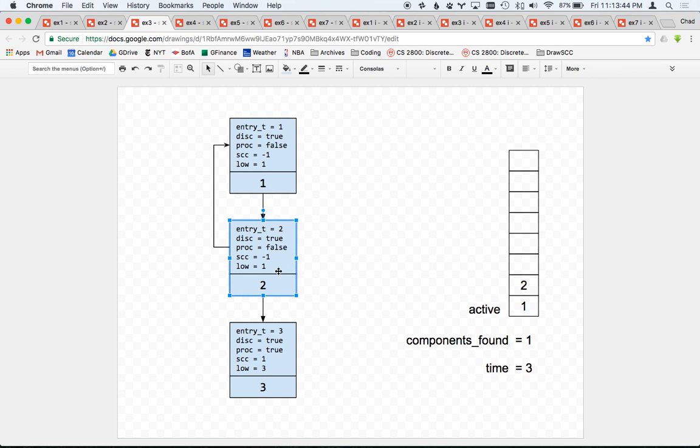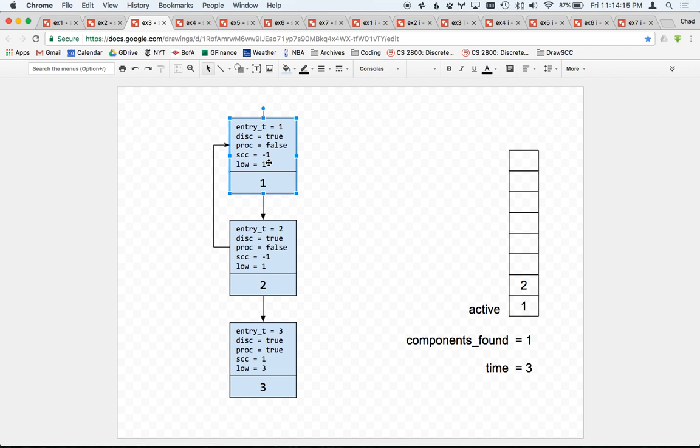There are none, which means we are done with vertex 2, but before we can depart from vertex 2, we must process it late. And in order to do so, we check to see whether the low of vertex 2, which is vertex 1, is equal to vertex 2 itself, which it's not, which means that vertex 2 is part of some strongly connected component that includes ancestors of vertex 2, which means that its parent vertex could also get to those ancestors.